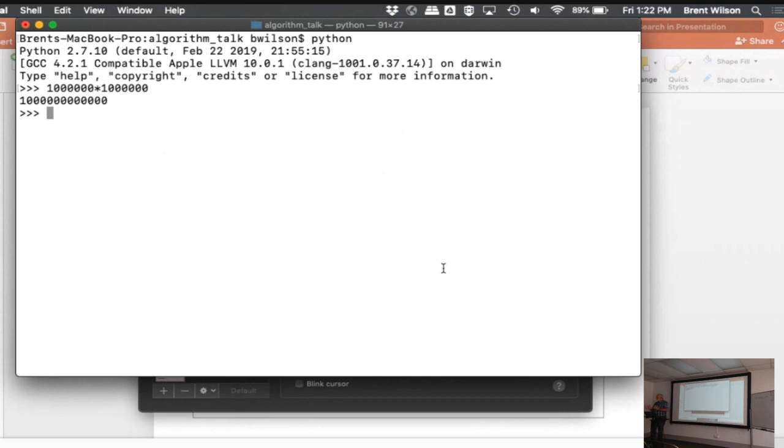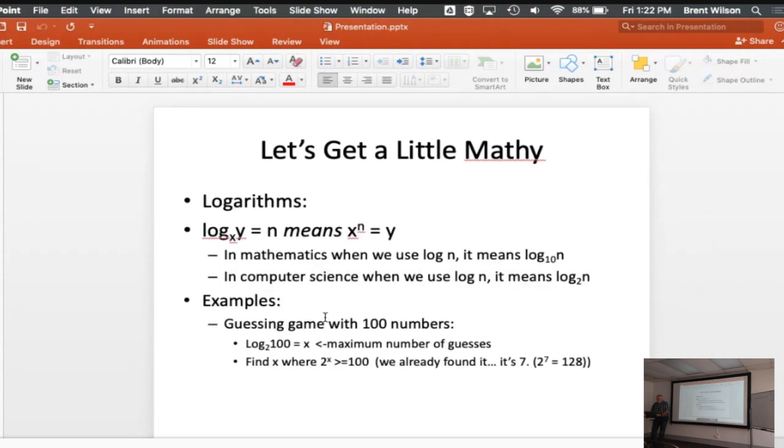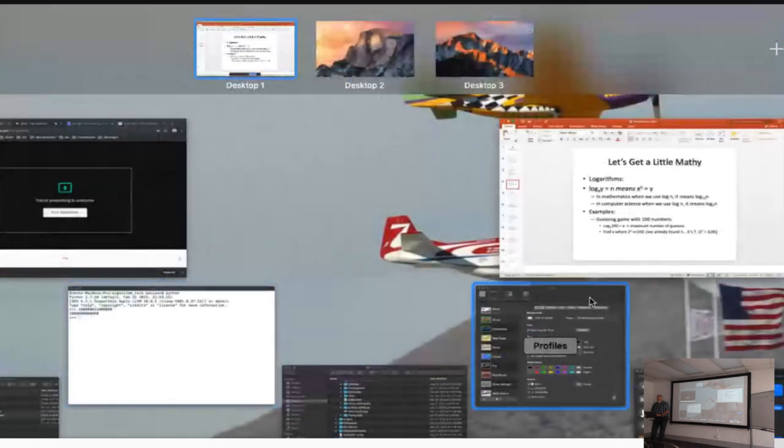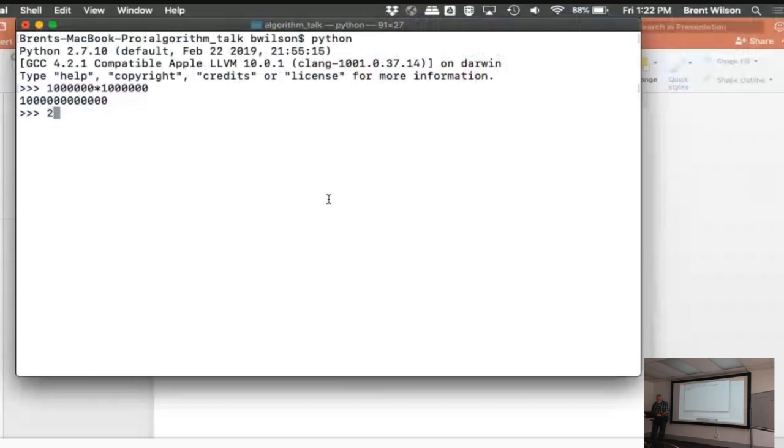We're getting a little bad on that one. The next algorithm after n squared, if we go to 2 to the n, sorry, I'm jumping around. Where's my shell? What's 2 to the million?